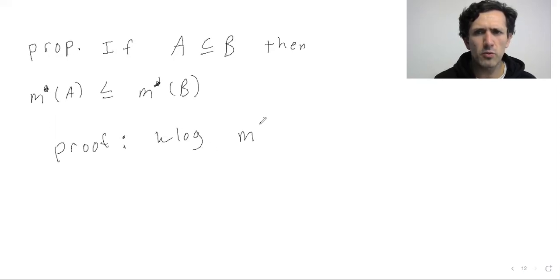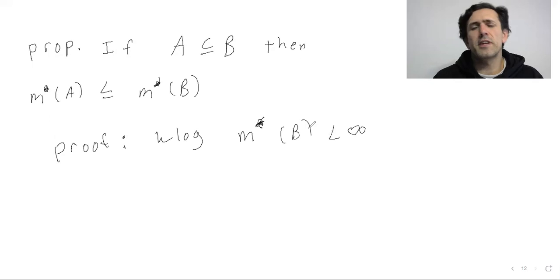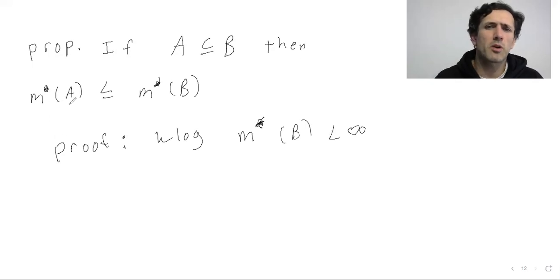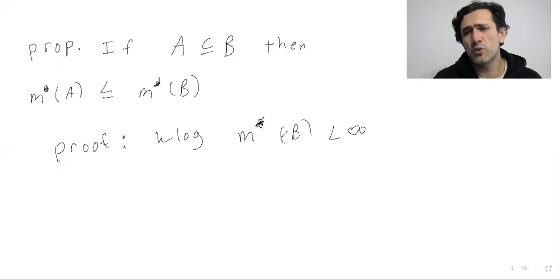Well, let's assume M star of B is finite. If M star of B is infinite, then I don't care what M star of A is, finite or infinite. Anything non-negative, including infinity, is less than or equal to infinity. So this is trivial if M star of B is infinite. So let's assume it is finite.